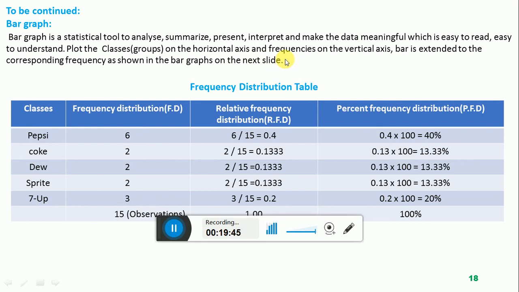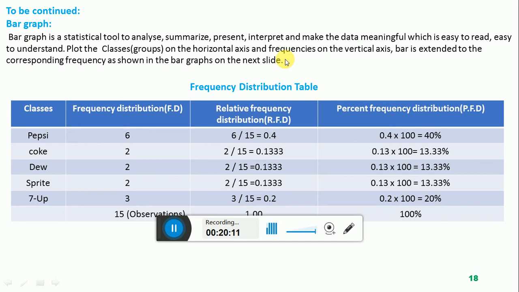So in this slide we are going to discuss the second descriptive statistical tool, which is the graph. A graph is also a statistical tool that a statistician can use to summarize the data, to interpret the data, to make the data meaningful. Here I give the description of the bar chart or bar graph.